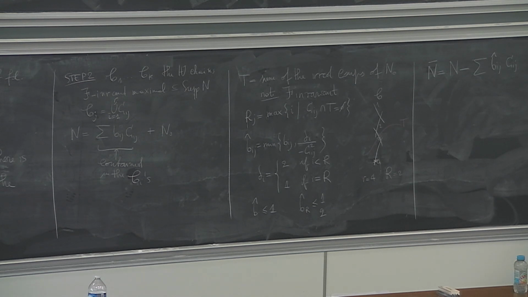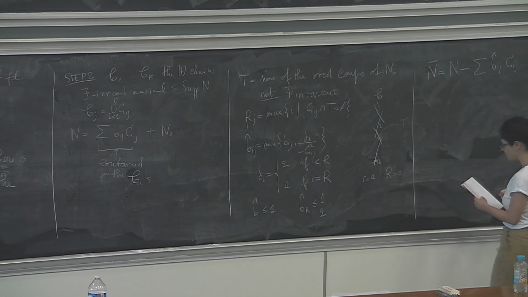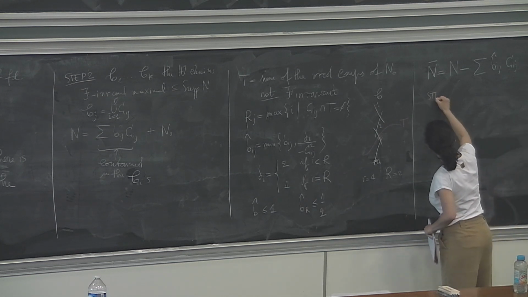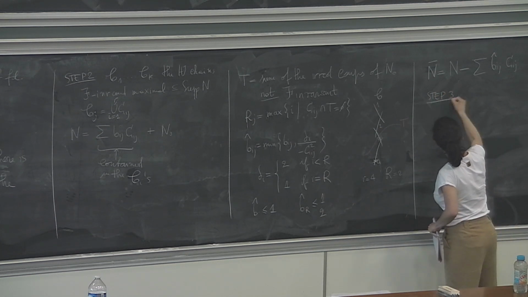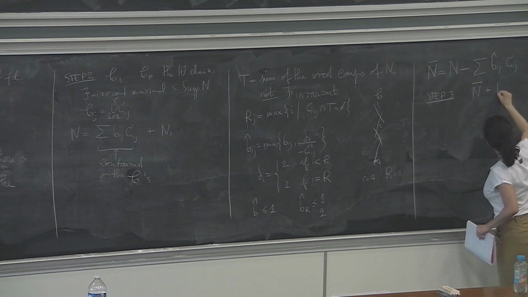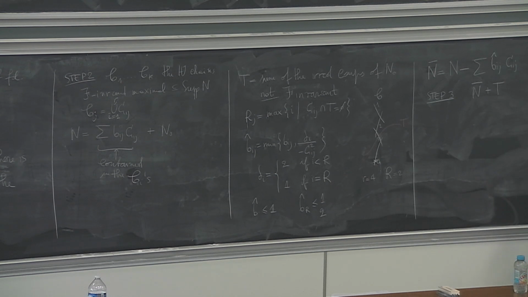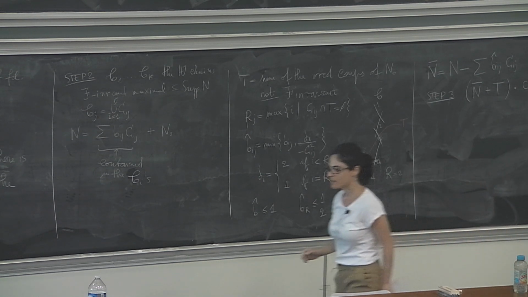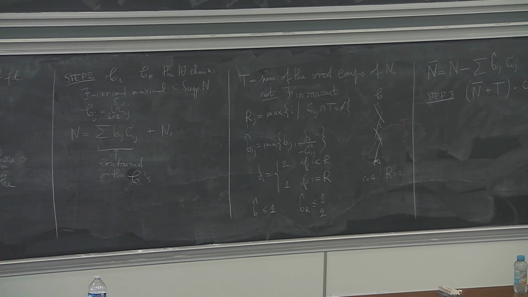So why is this a good definition? These B hats are defined in such a way that N bar plus T intersected with Cij is non-negative for every Cij in Cj. Now the computation is not difficult.